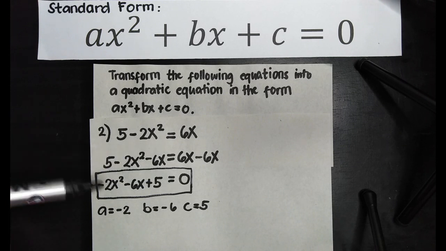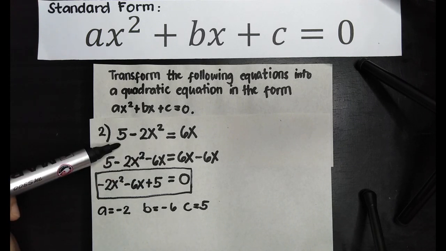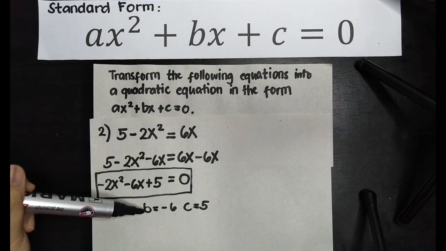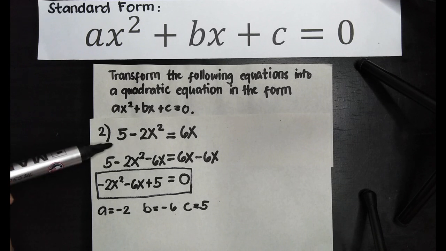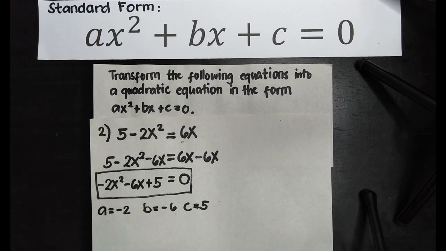Like dito, if you're going to base on this, A will be -2, which is correct. Pero, the coefficient B, kung dito ka magbabase, is +6x. So, before nyo gawin ang pag-identify ng coefficients nyo, you should transform your quadratic equation first into its standard form.